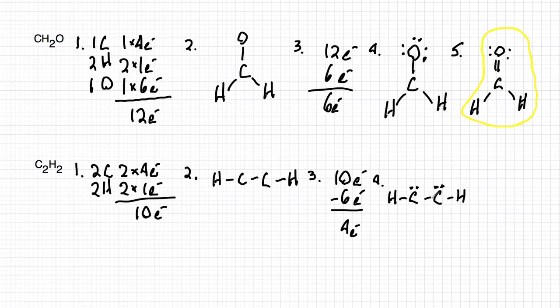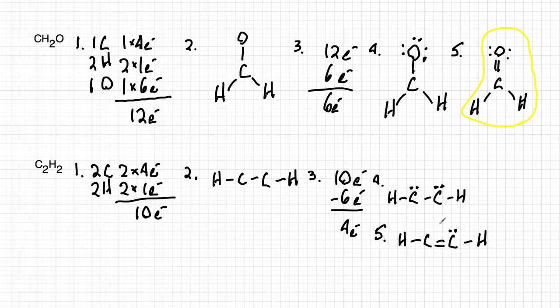And you notice that each of the carbons has 6 electrons, and I have no way of giving them an octet without exceeding the 10 electrons that I'm allowed. So for step number 5, let me go ahead and reproduce the structure. Okay, again, I'm going to take from the rich and give to the poor. So I'm going to take away 2 electrons, and I'm going to put 2 back as a shared pair.